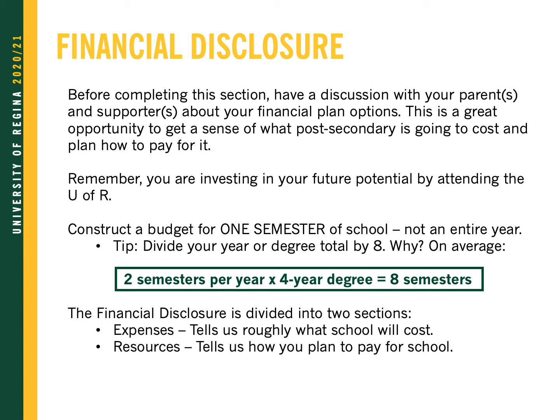Having this conversation in advance of completing this section will allow you to have a better understanding of your personal financial plans and needs. The financial disclosure is used to assess your potential income for the upcoming fall semester, not your entire first year. So when determining amounts to enter into this form, budget for one semester. One way to do this is to divide by 8.